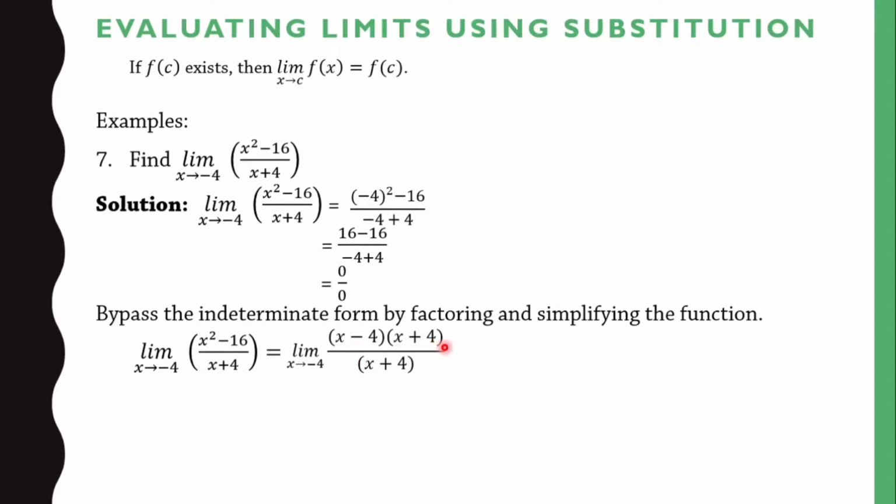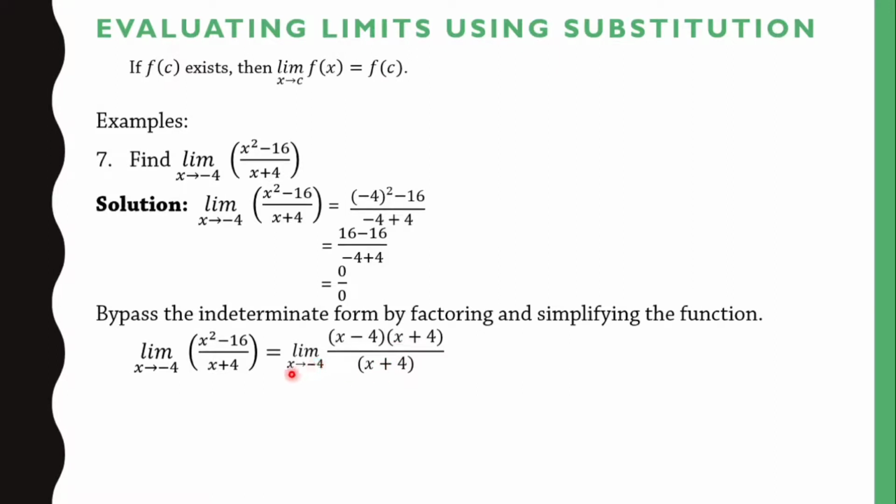If you want to know why these are the factors, you can go and visit a video on special products and factoring. So again, x squared minus 16 could be factored out as x minus 4 times x plus 4 all over x minus 4.